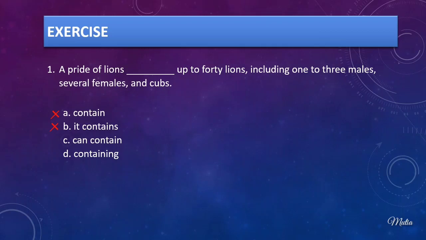A correct answer because after modal auxiliary can, it is followed by verb 1, the base verb, contain. D. Containing. It is incorrect because there is no to be before containing. So, the complete sentence is a pride of lions can contain up to 40 lions, including 1, 2, 3 males, several females, and cubs.